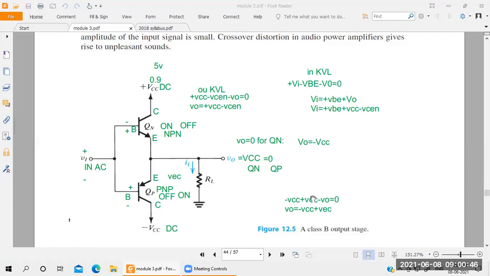Don't know. Sir, say the question once again. See, if you apply positive here for the Q1 transistor, what is the status of Q1? Either it will be on or off. Understood my question?